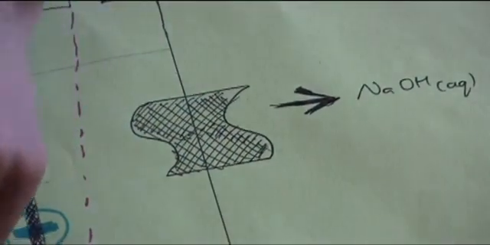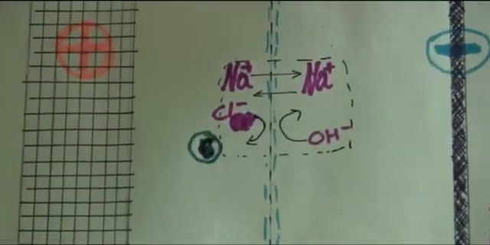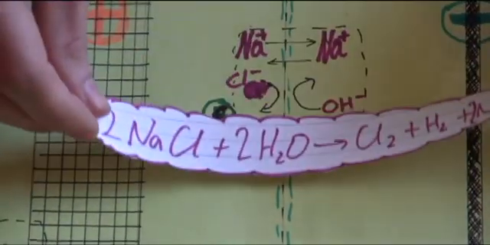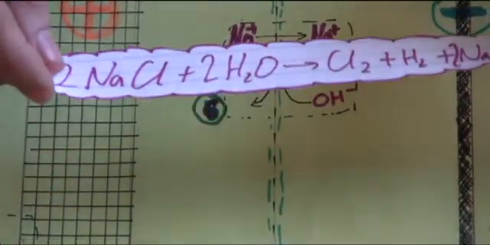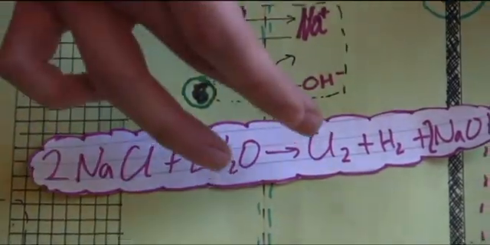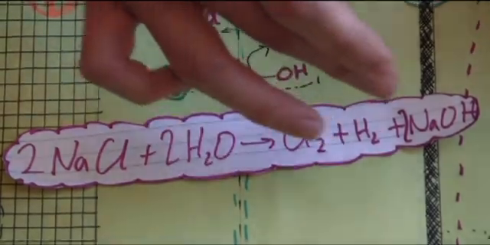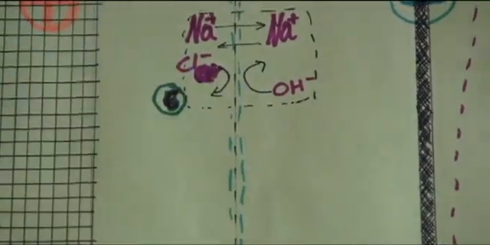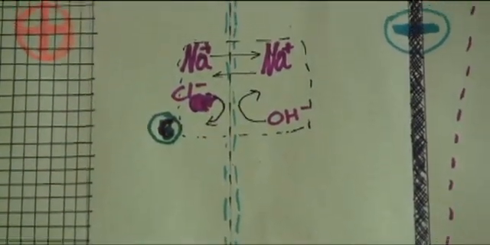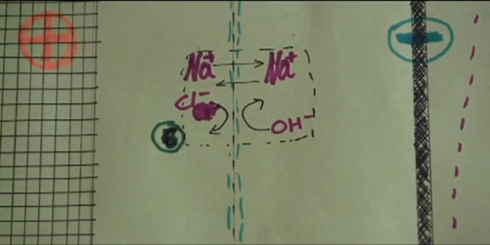This can be shown by the third equation here. So if we've got sodium chloride plus 2H2O, we get chlorine gas, hydrogen gas, and NaOH, sodium hydroxide or caustic soda, which is the purpose of this method of producing caustic soda.